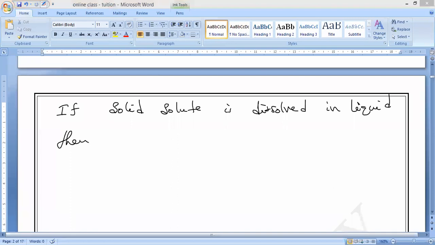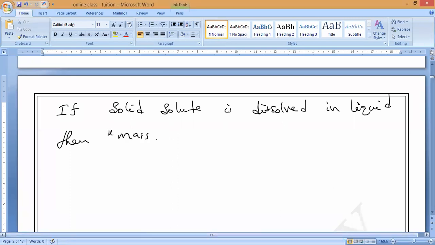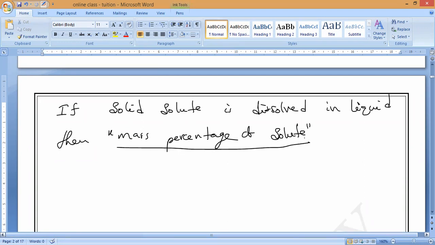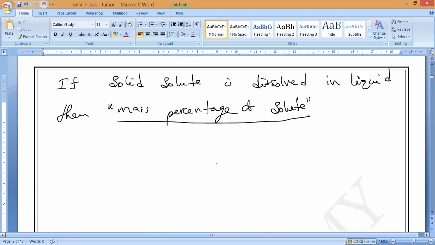Mass percentage of solute. So when I take the solid solute, which percentage, mass or volume? Mass percentage, used in the concentration of solution.